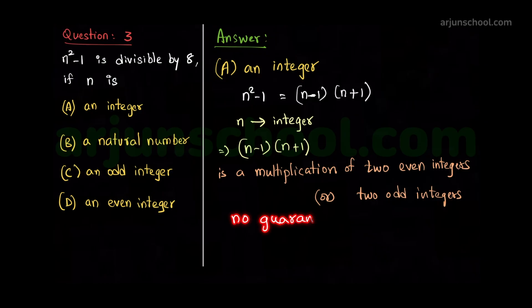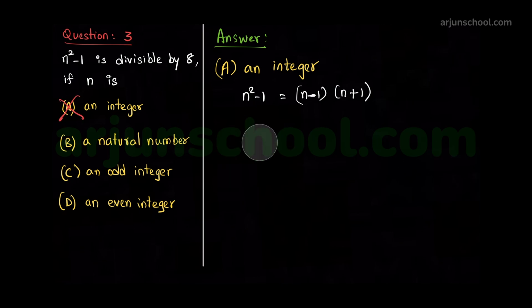This does not guarantee that n square minus 1 is divisible by 8 if n is an integer. So, not option A. Let us go to option B.